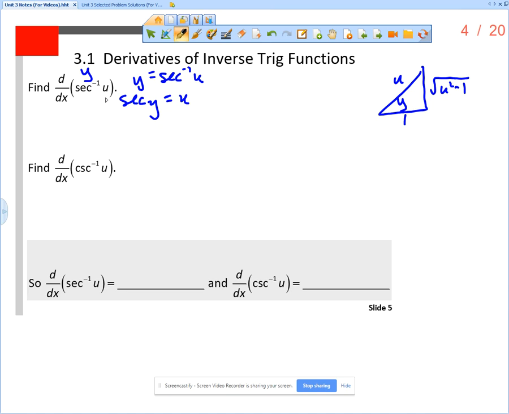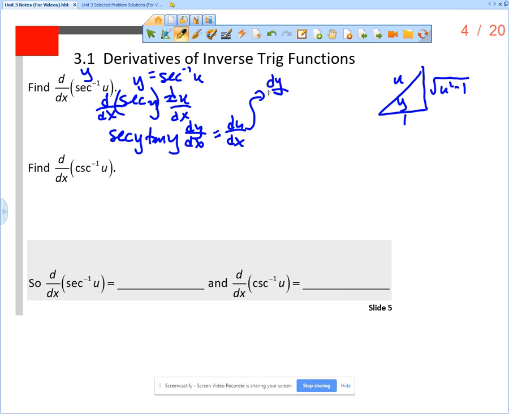Now I'm going to take the derivative with respect to x of both sides once again. I get d dx of secant of y. What's the derivative of secant? It's secant y tangent y, dy dx, equals du dx. Now solve for dy dx. I get that dy dx is equal to 1 over secant y tangent y, du dx.